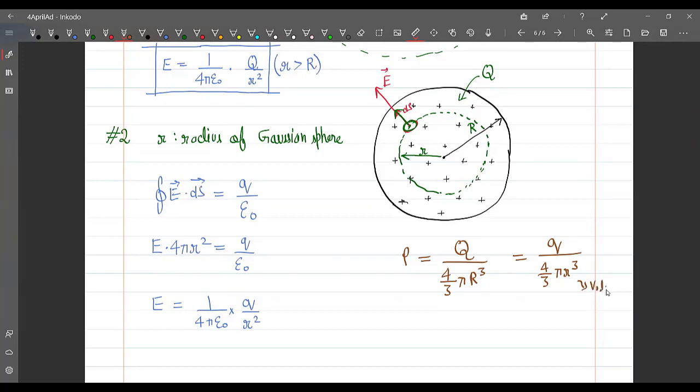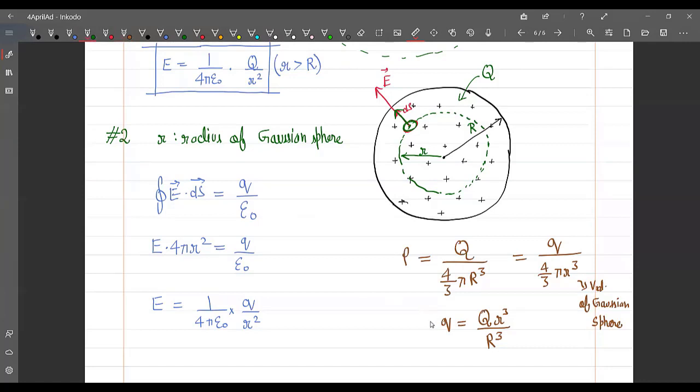This is the volume of the Gaussian sphere. So if you evaluate this, you will get small q equal to capital Q, 4 by 3 pi will get cancelled, and capital Q r cube by capital R cube.